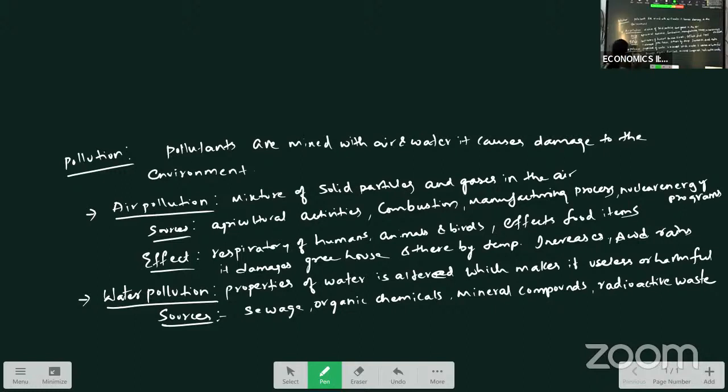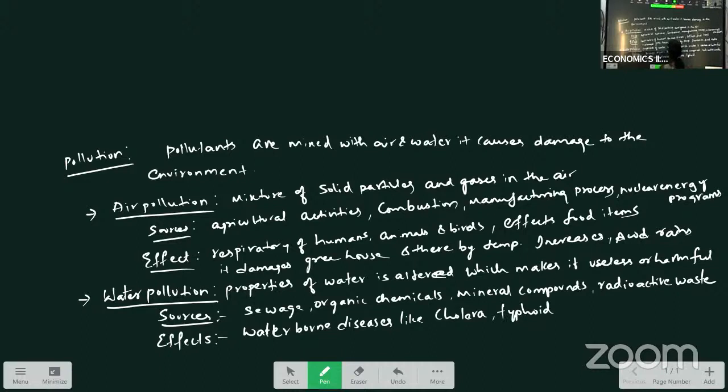If you see the effects of this water pollution, it causes waterborne diseases like cholera, typhoid, and affects human health.